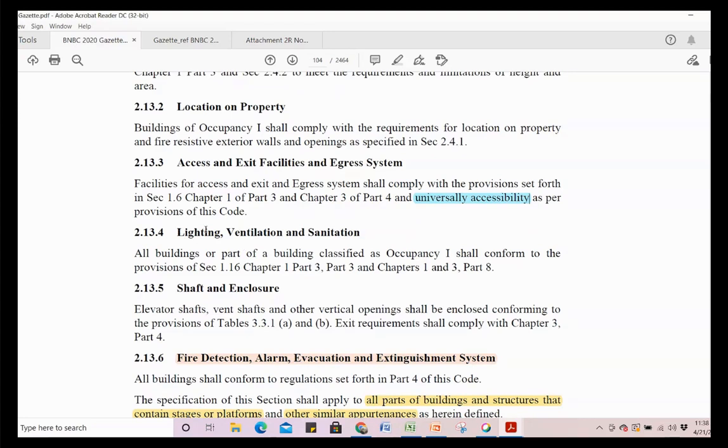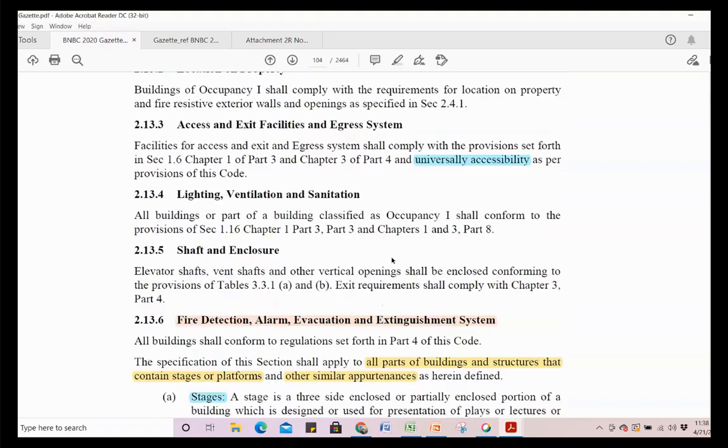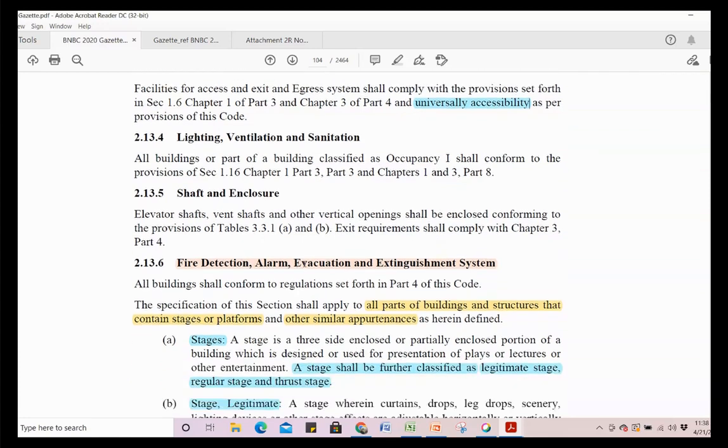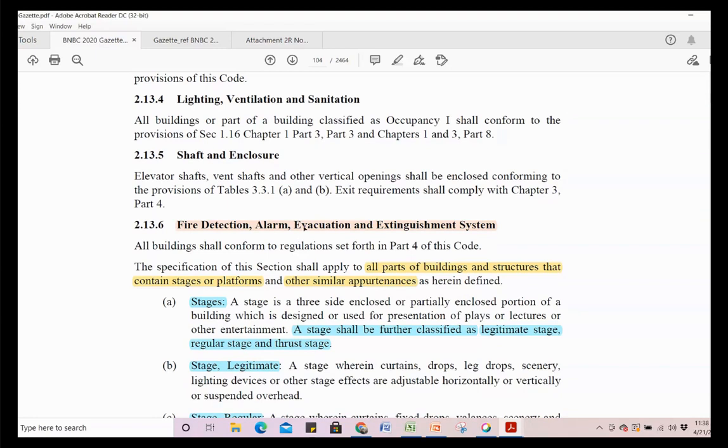So lighting, ventilation, and sanitation with similar references. Shaft and enclosure, similar references. And now comes to the fire detection, alarm, evacuation, and extinguishment system.